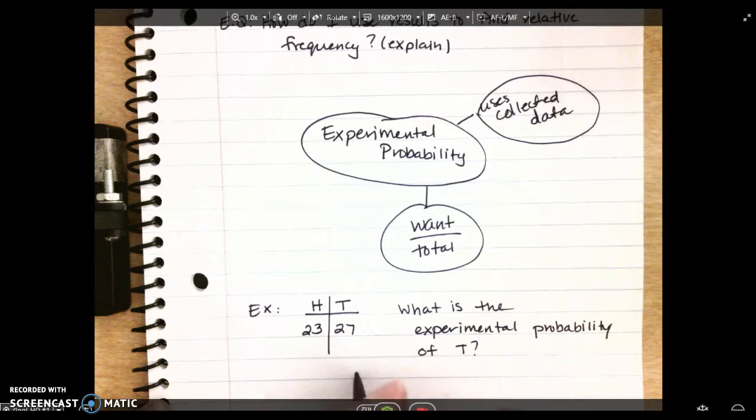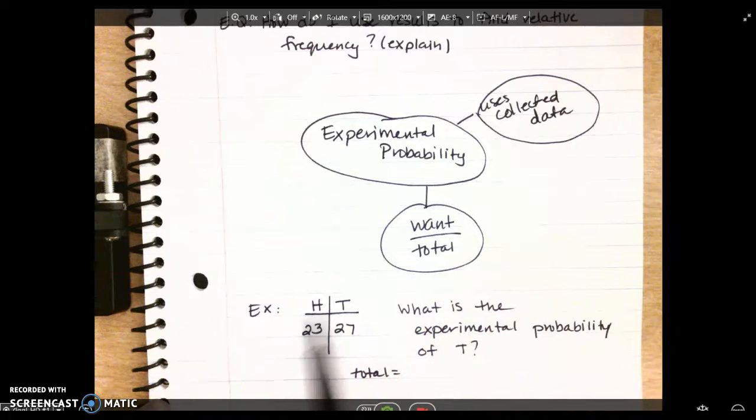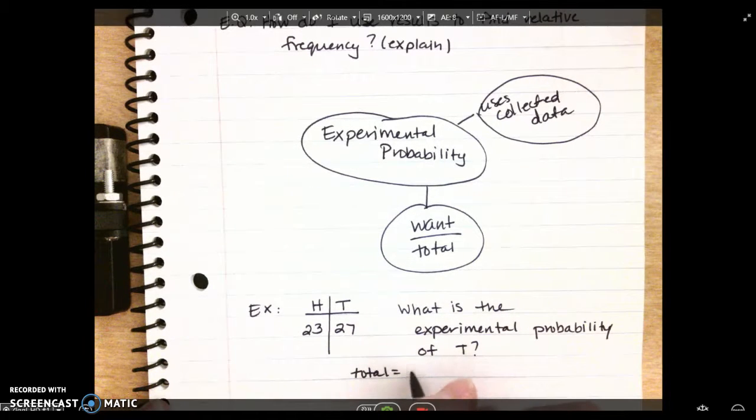Well, first I need to find my total, because I have to use my collected data, which is in that table. Total is 23 plus 27, which is 50, and the number of what I want is tails, which is 27, so your fraction is 27 over 50.